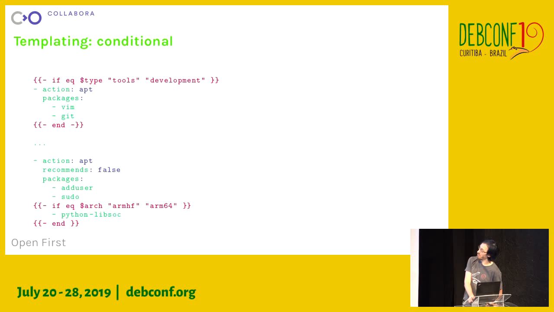The thing is, the pre-processing happens before the YAML file is parsed, so you don't have to follow the strict YAML rules in this file. It has to be a valid YAML file after the pre-processing, but basically you can embed any of the templating instructions in it.